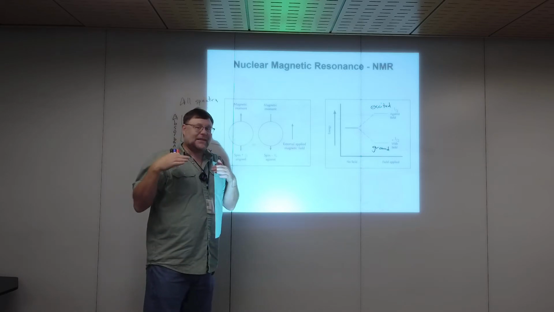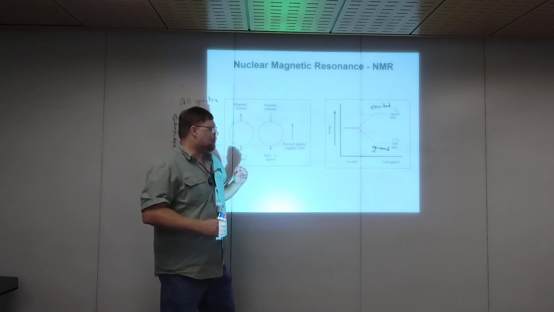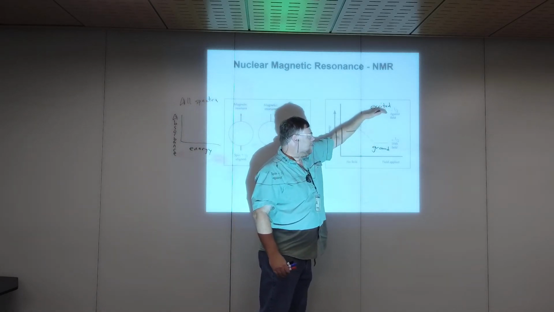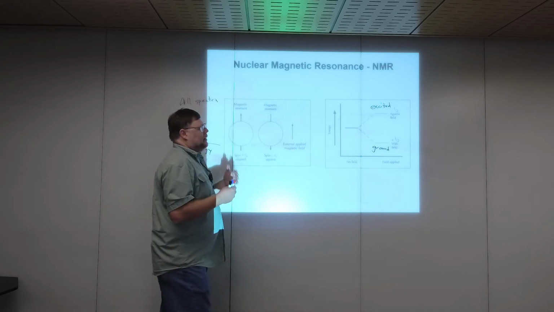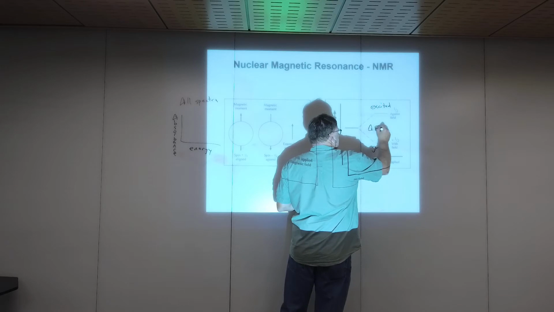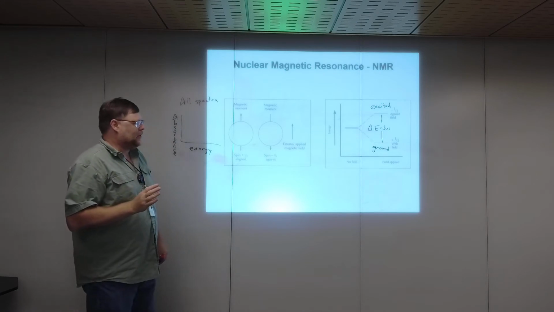The next easiest way for that magnet to behave is to line up exactly opposite. So if I pump the right photon in, I can go from the ground state to the excited state. And again, the photon that gets absorbed has to exactly equal the energy difference between those two states.